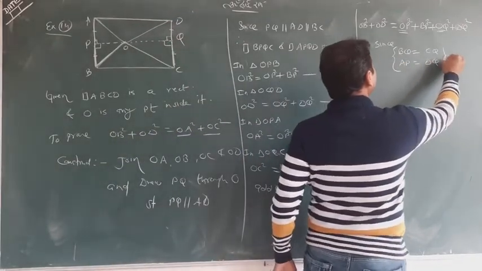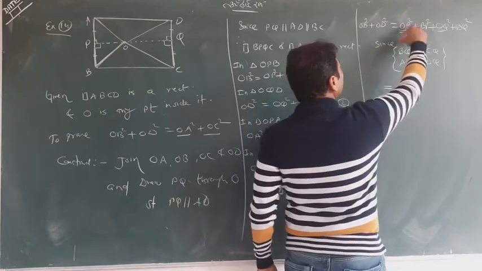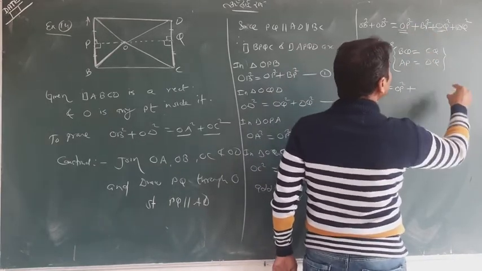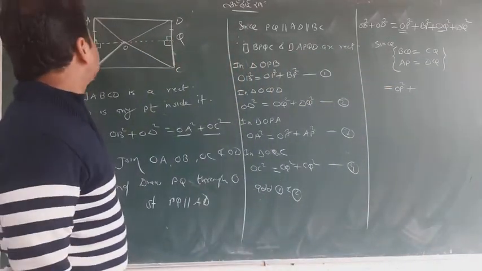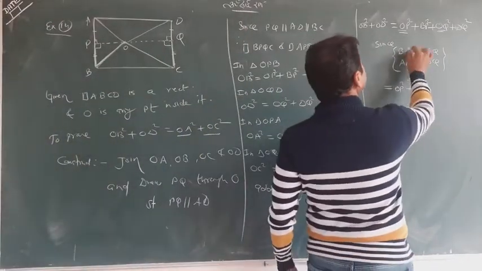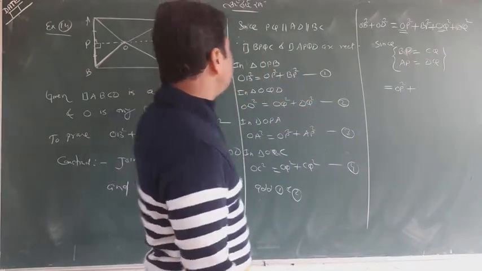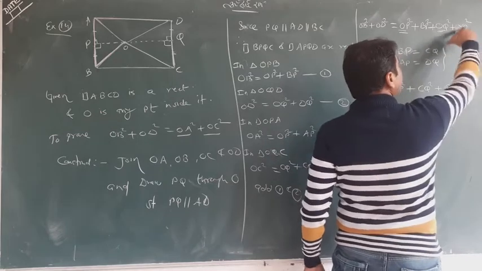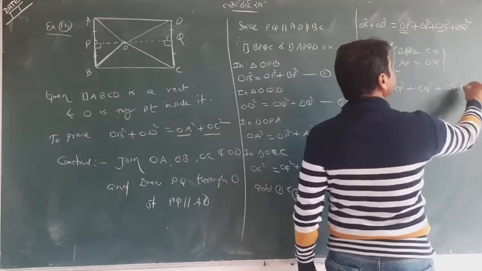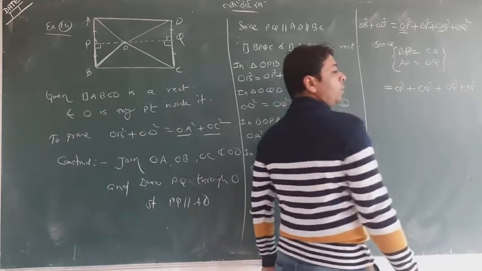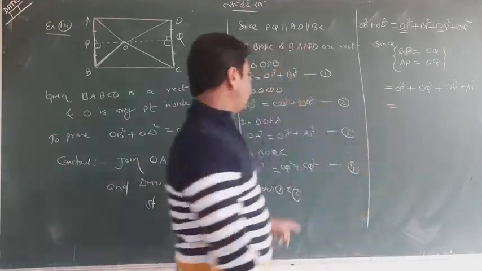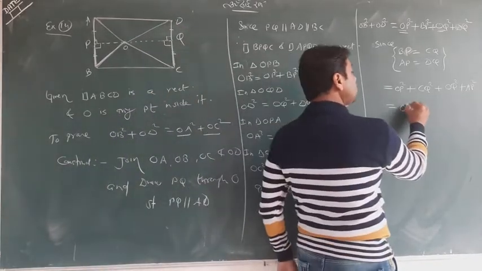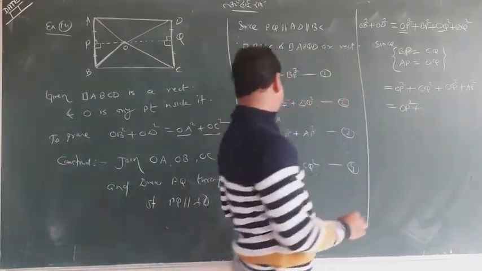So put both the values there. What do you get? OP square is the same. BP square, where BP is equal to CQ, so I'll write CQ square. OQ is the same. Instead of DQ, I'll write AP. Can you see? Now I'll again manage myself. Equation number 3 says OP square plus AP square.